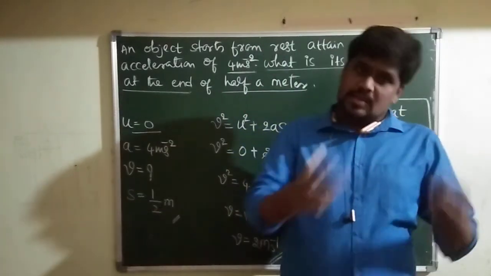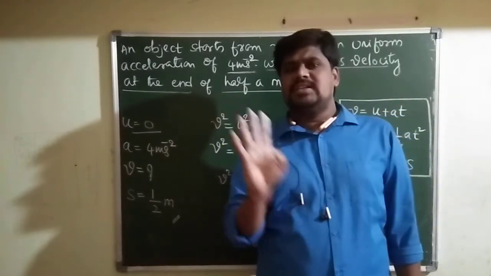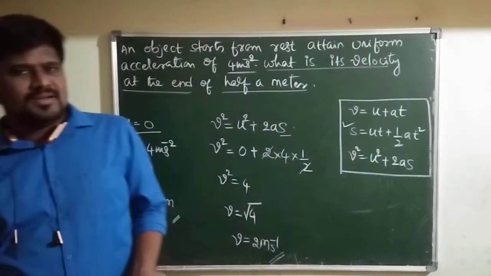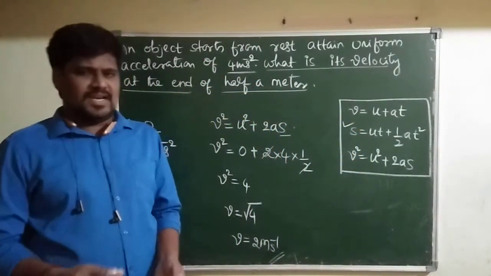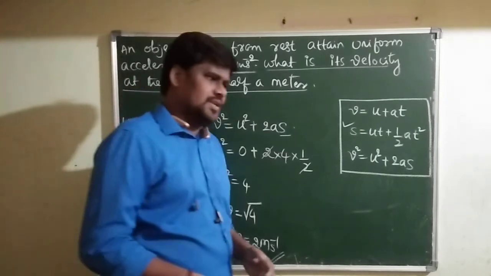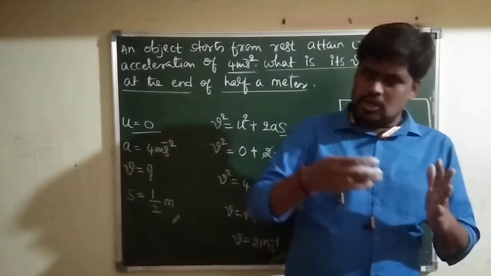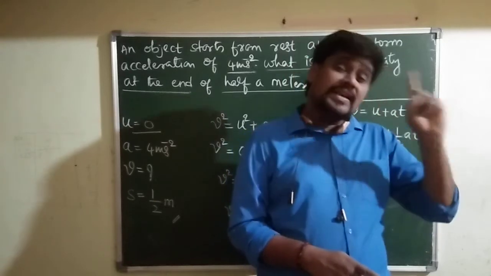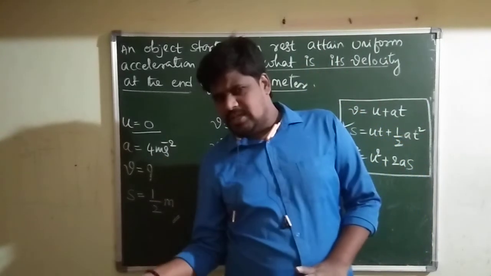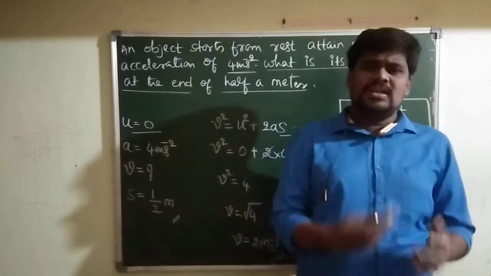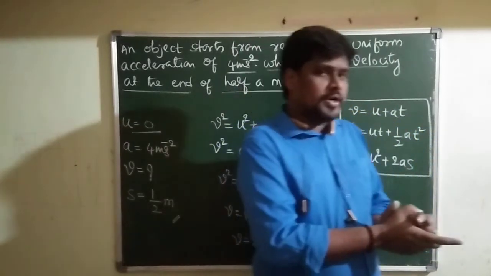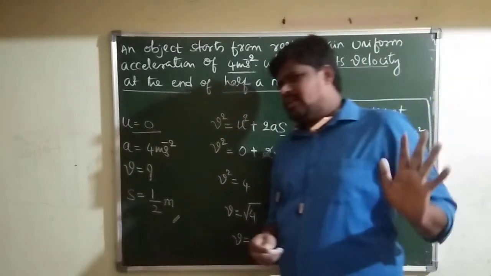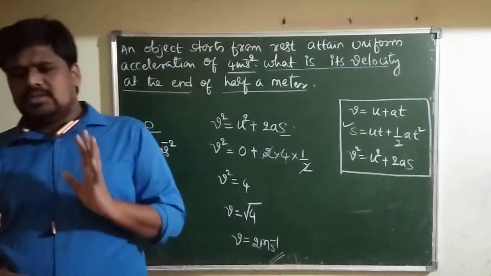If the velocity of a body remains constant, then there is no question of acceleration. A body can have acceleration when there is either an increase or a decrease in velocity. The velocity of a moving body should change, then only the body can have acceleration. Otherwise, the acceleration of a body is 0.